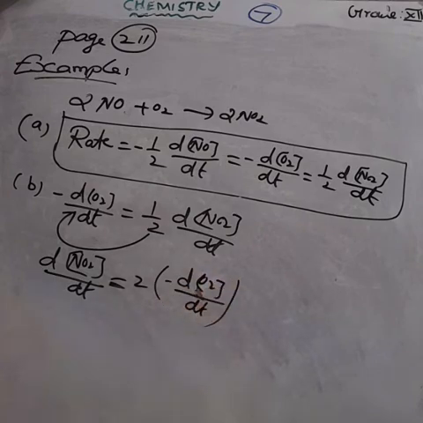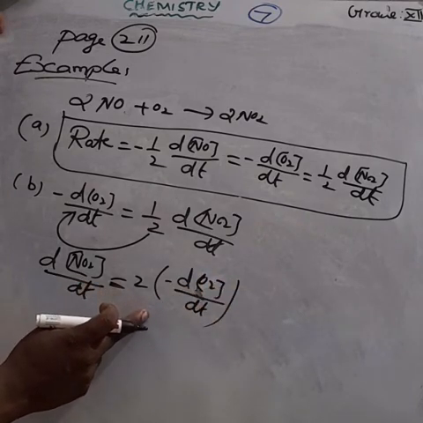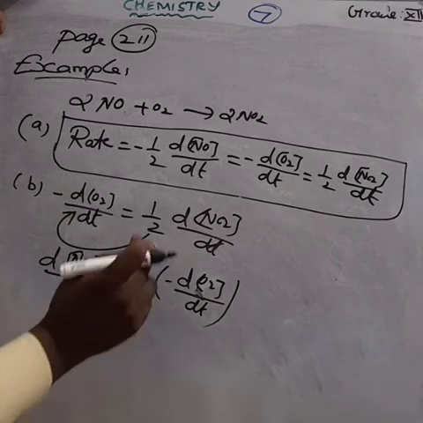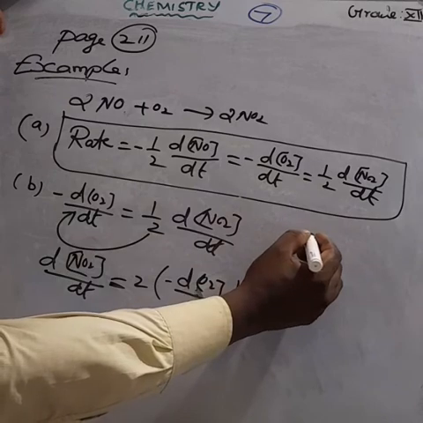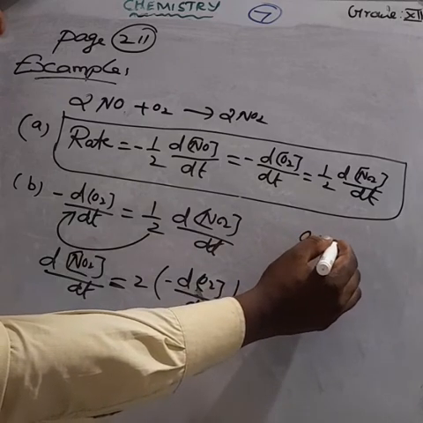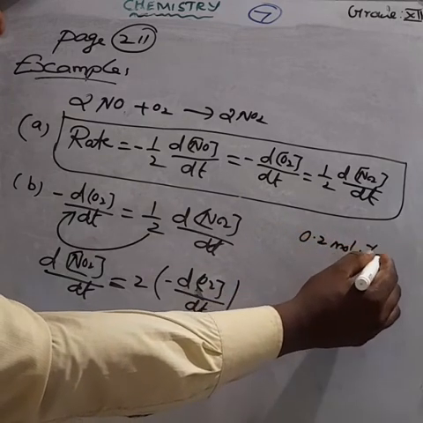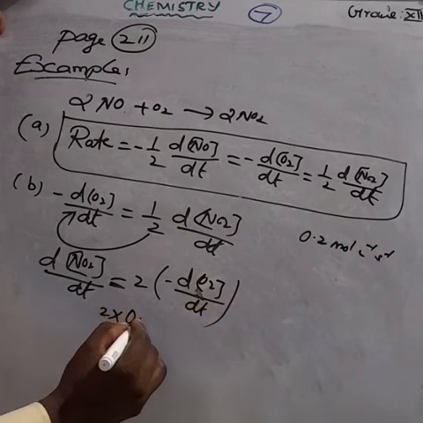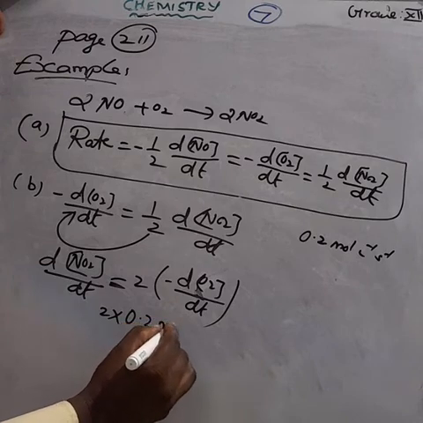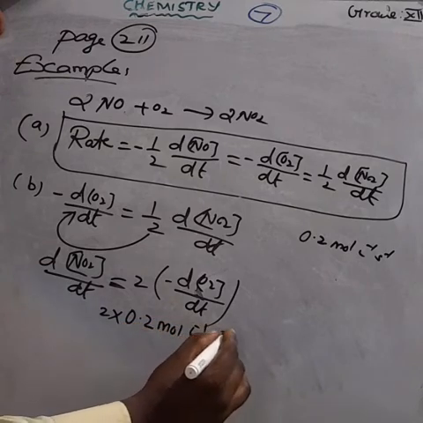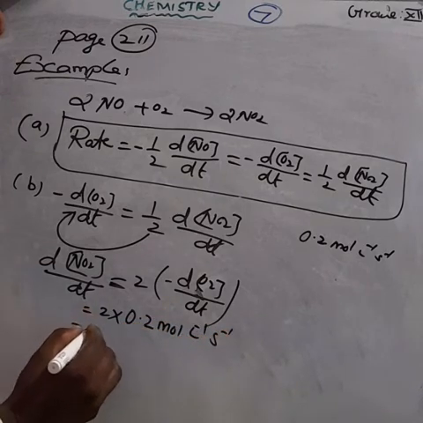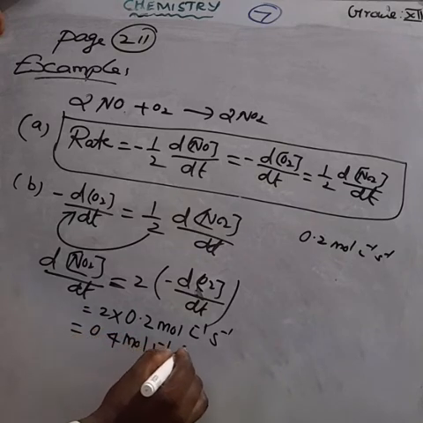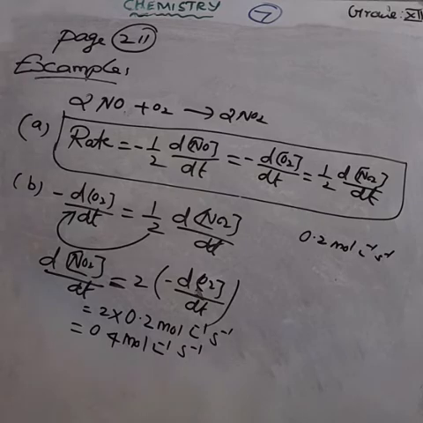So 2 into the given value for when oxygen is decreasing, the given value is 0.2 mol L^-1 s^-1. So 2 into 0.2 mol L^-1 s^-1 is equal to 0.4 mol L^-1 s^-1.